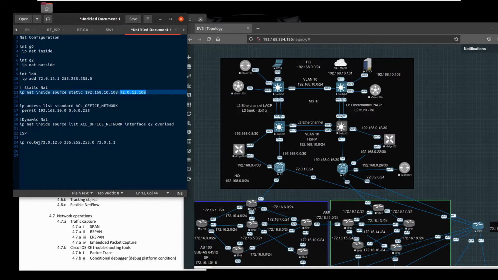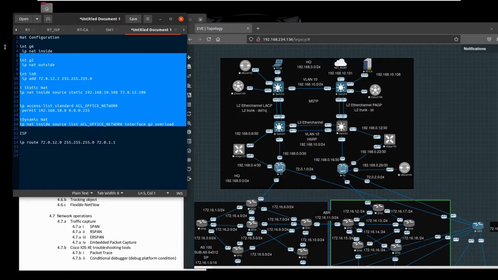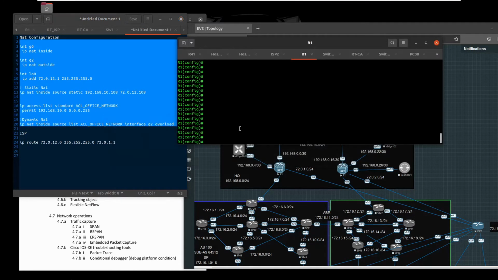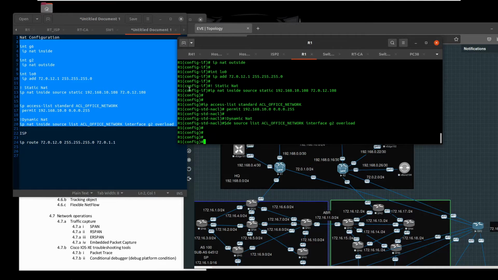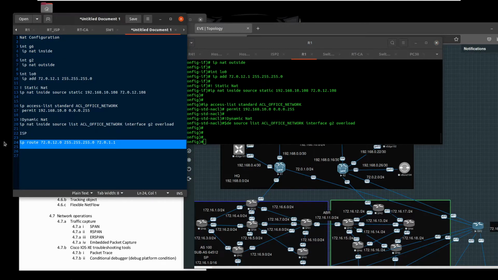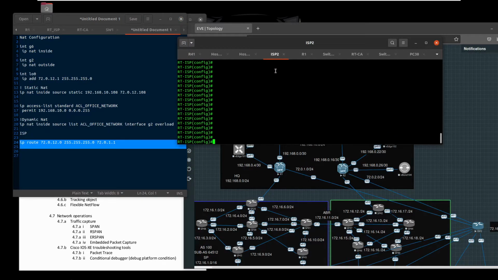And in ISP, I have to add a static route towards R1, otherwise ISP won't be able to reply for this IP address. Okay, so now let me paste this into R1. Okay, it's done. And let me add this on ISP.